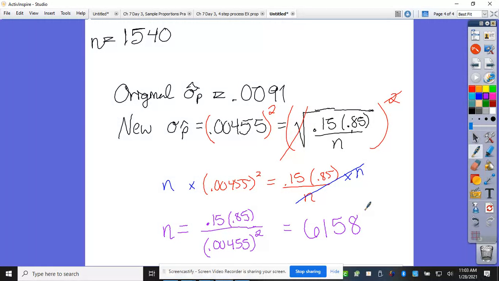What does it actually give you exactly? 6158.68. We are talking about a sample size, right? And it's saying we need at least that many to meet our criteria. Even if this number was 6158.1, is 6,158 people enough? So you always have to go up to the next whole number because it's a person. We need that whole person.